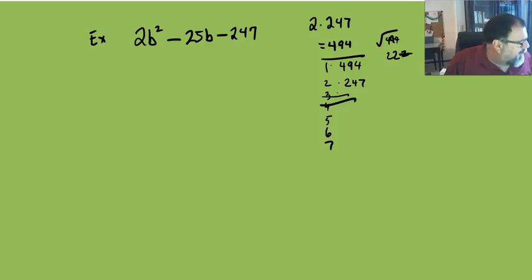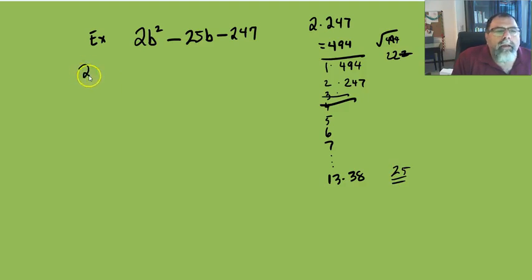There's some rules, shortcuts, but I'm not going to go over those right yet. Okay, 13 works. 13 and 38. And you can see that subtracts to 25. So that's the one we want.